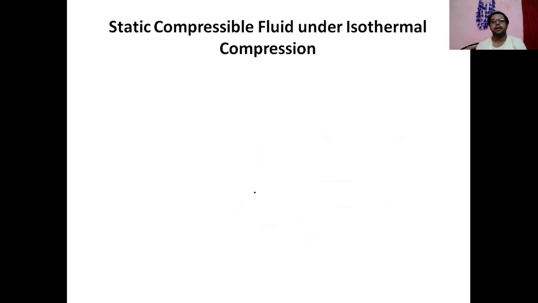So static compressible fluid under isothermal compression. Isothermal compression means P by rho is constant. So at atmospheric, P by rho is equal to P0 by rho 0, we can consider. P0, what is the P0? At atmospheric pressure.